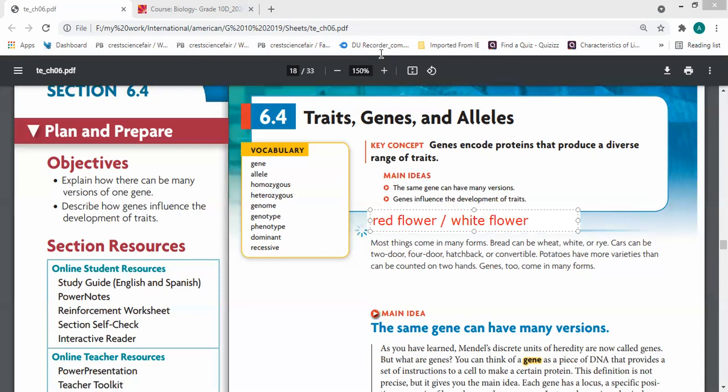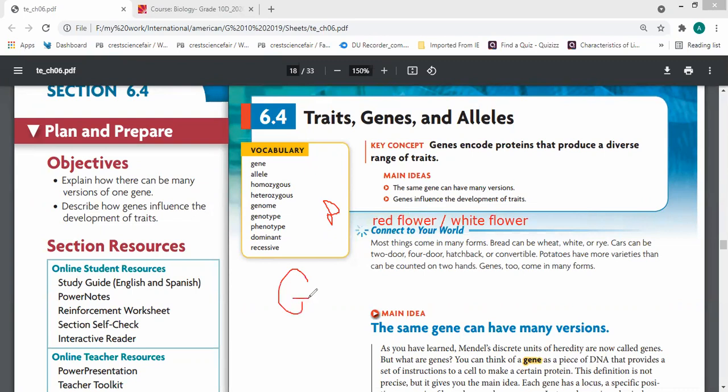We have two pea plants, red flower male and white flower female. These two are called parents, P for parents.